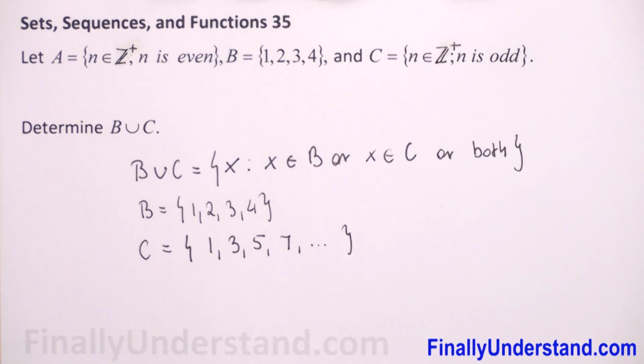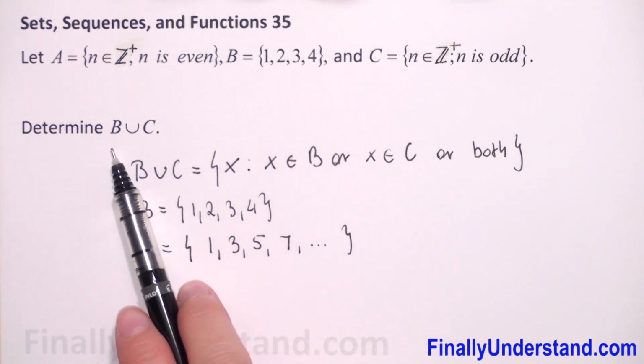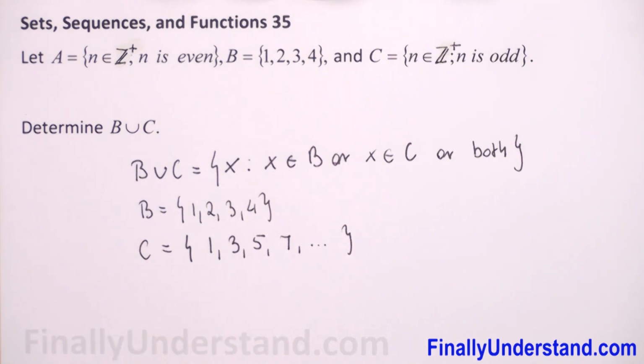when we have B and C sets, we have to find the union of these two sets. So it is all elements which belong to B or C. And when they repeat, we have to just copy this one time.